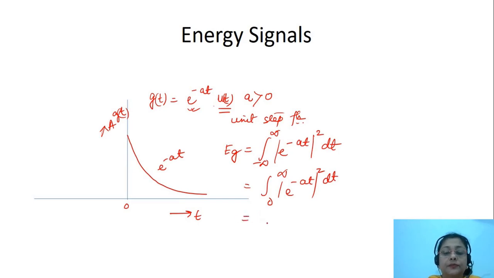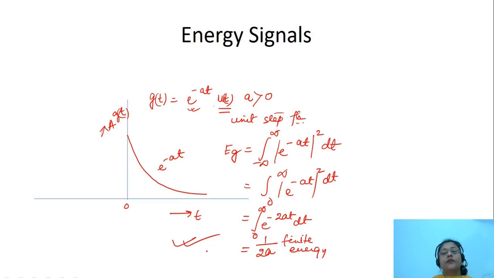So it will be the integral of e to the power minus 2at dt, from 0 to infinity. So the answer will be 1 by 2a. We can find that we have finite energy. So this is an example of energy signal.